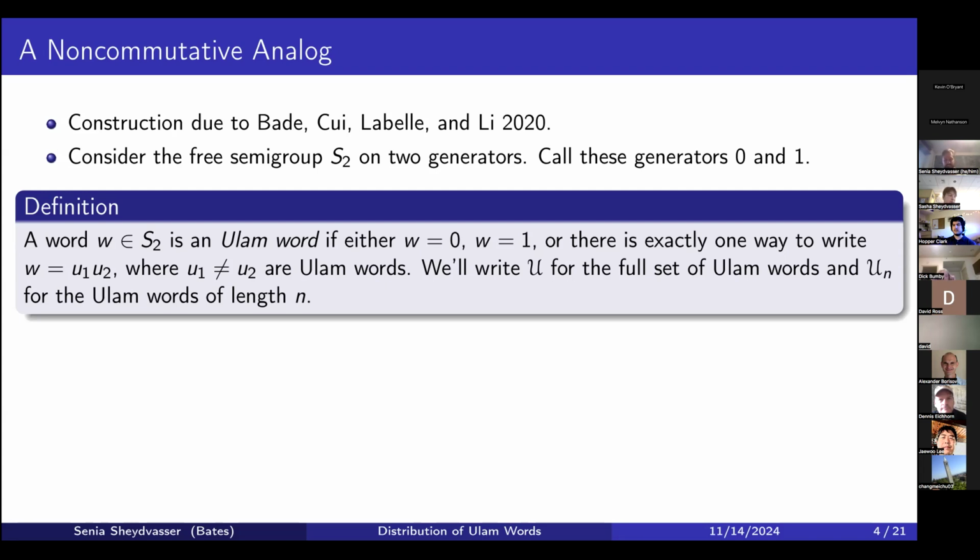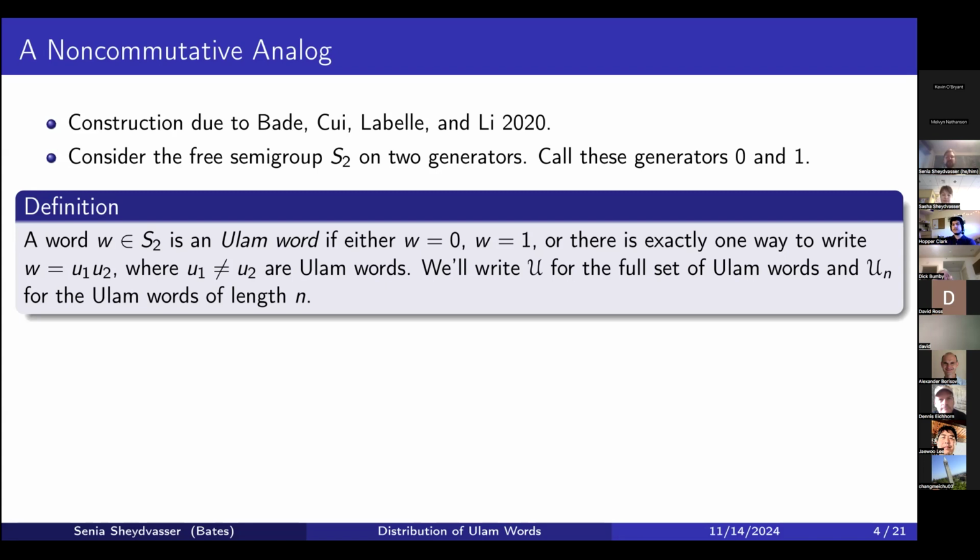So it's exactly the same rule as before, just we've replaced the semigroup of the natural numbers with the free semigroup. So we've lost commutativity in the process.